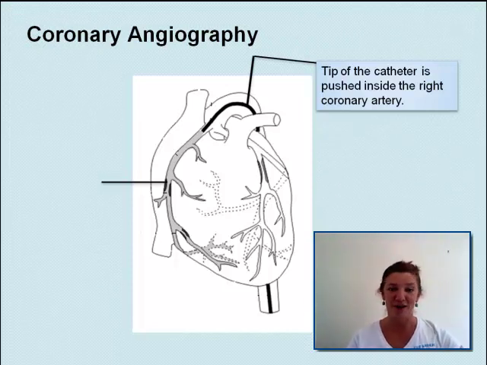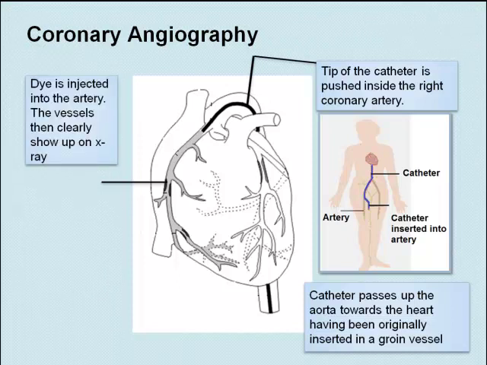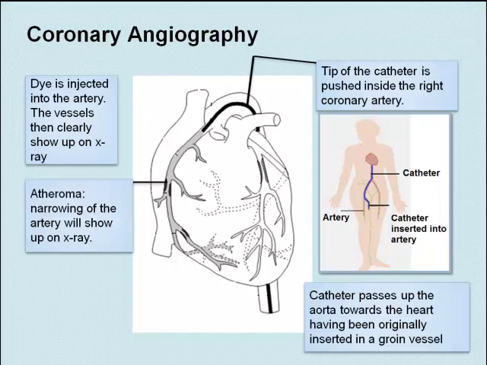You can see on the diagram the tip of a catheter that has been pushed into the right coronary artery. The catheter is delivered there via the aorta, so your main blood vessel, having been originally inserted down at the top of your thigh in a groin vessel. Dye is then injected into the artery and the vessels clearly show up on X-ray. The X-ray will show up any narrowing of the vessels and atheroma.